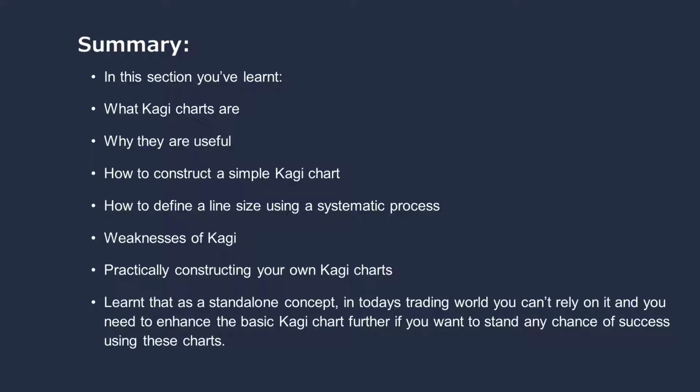We've seen some of the weaknesses of Kagi, we now know how to practically construct our own Kagi charts, and we've learned that as a standalone concept in today's trading world, it's pretty difficult to rely upon it, and we need to enhance it further to increase the chances of success using these charts. So now let's move on to section 3.